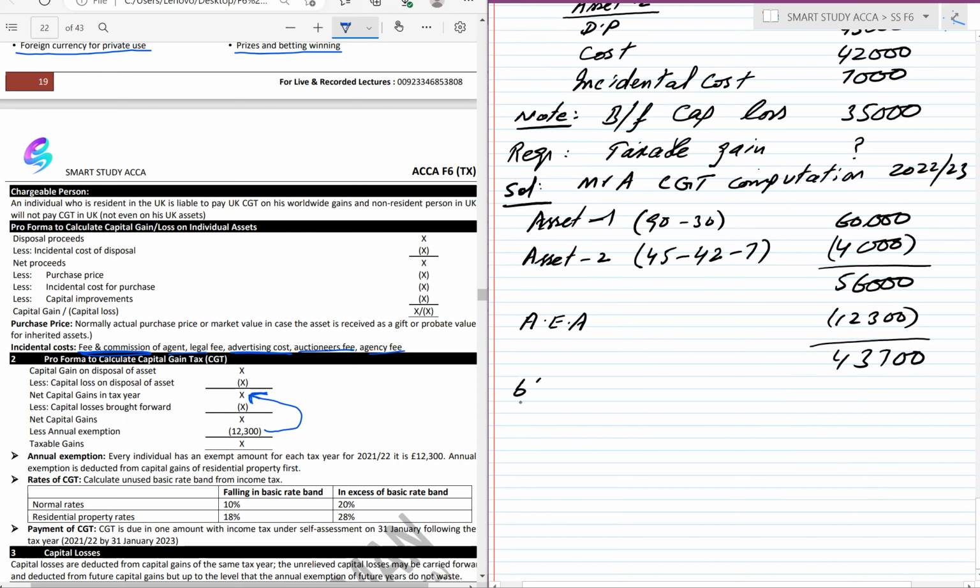Over here we will deduct brought forward capital loss, which is 35,000 pounds. So taxable gains are 8,700.